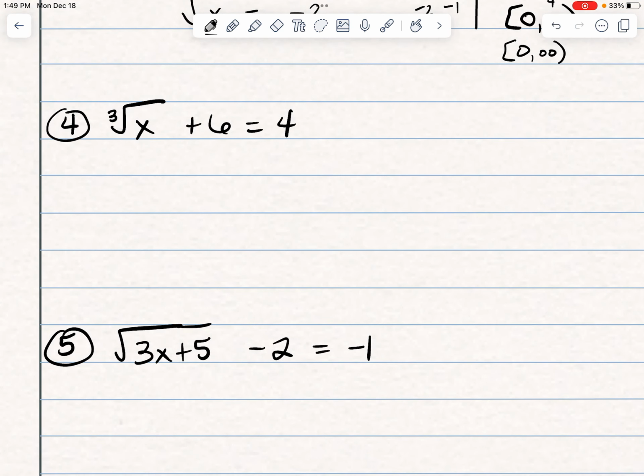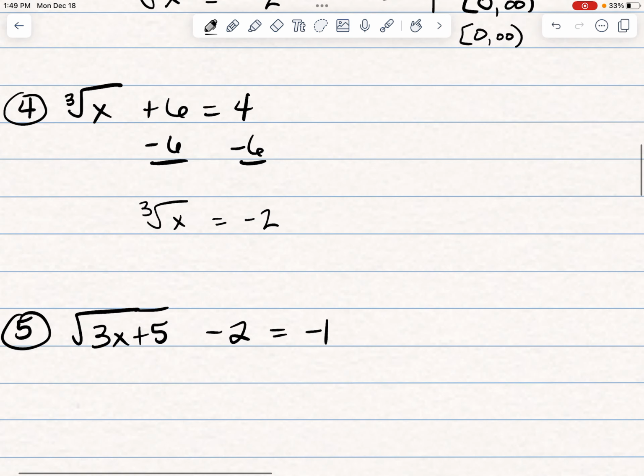Okay, let's look at number 4. So we have the cubed root of x plus 6 is equal to 4. Well, again, solve these the same way. We get the cubed root of x is equal to -2. Now, the parent graph for a cubic function, the cubed root of x, behaves a little bit differently.